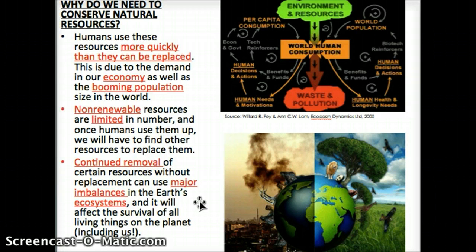And we talked about the food web, we talked about the carbon cycle, the nitrogen cycle, the water cycle, and all of those things really affect everyone, all the living things and us. So we really need to think about the consequences of our actions. And this graphic kind of ties together environment, our consumption, pollution, and all the things that we decide to do, and all the decisions that we make, and how it affects the rest of the world.